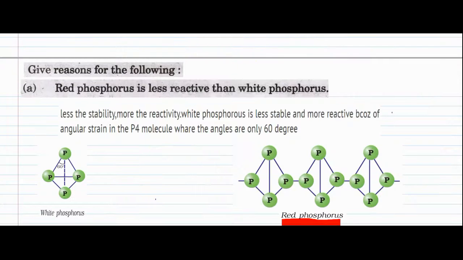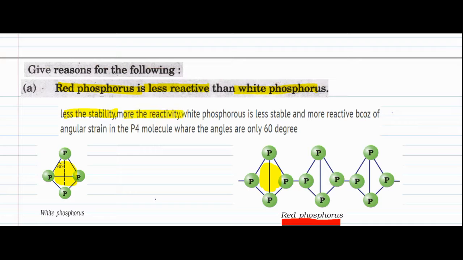Red phosphorus is less reactive than white phosphorus. इसमें जो नंबर ऑफ बॉन्ड है व्हाइट फास्फोरस में, और यहाँ जो नंबर ऑफ बॉन्ड अगर आप कंपेयर करते हो, नंबर less, the stability less, more the reactivity.